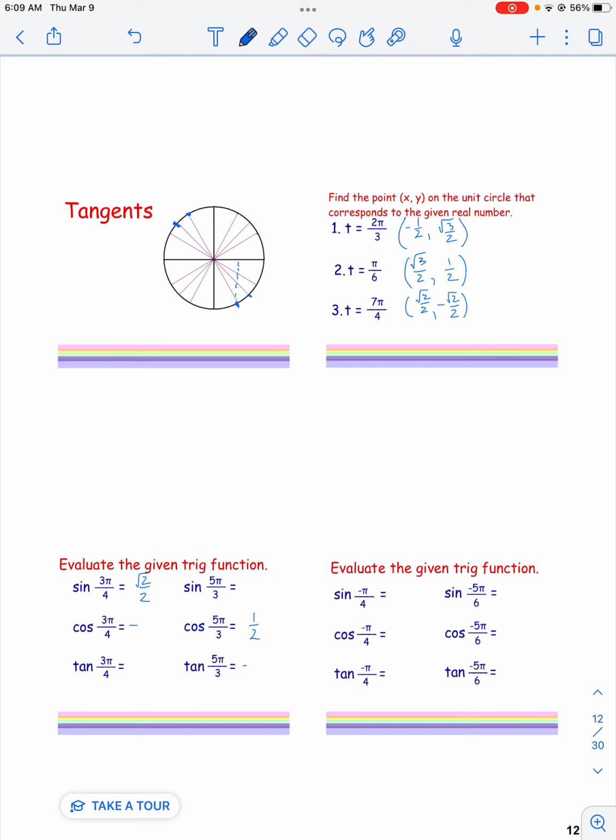Okay, let's look at the tangent over here on the right-hand side of negative 5 pi over 6. That's a negative rotation of 5 pi over 6.